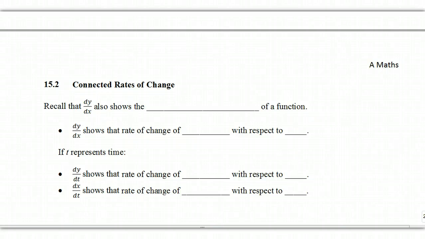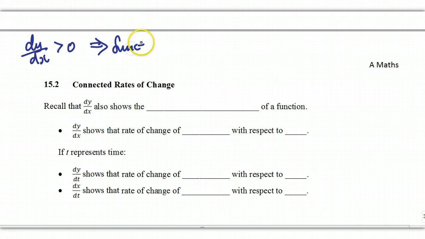Before we start today's lesson, let's do a quick recap of what you learned yesterday. Remember yesterday we started on chapter 15, rates of change, and we learned that if dy over dx is more than 0 for a particular range, we can say that the function is an increasing function.